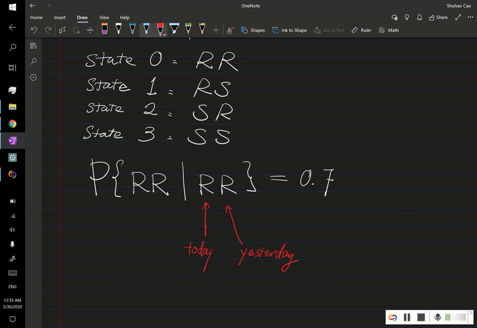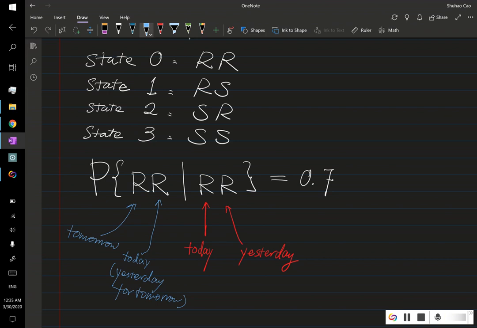However, when we consider the state for tomorrow, today becomes yesterday for tomorrow, and this is tomorrow.